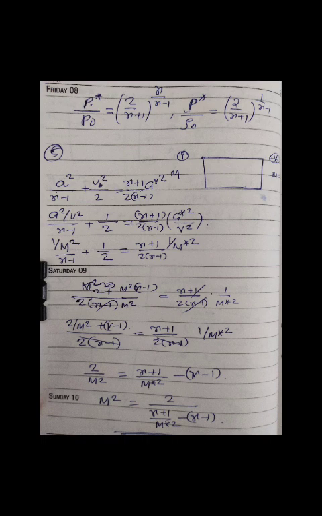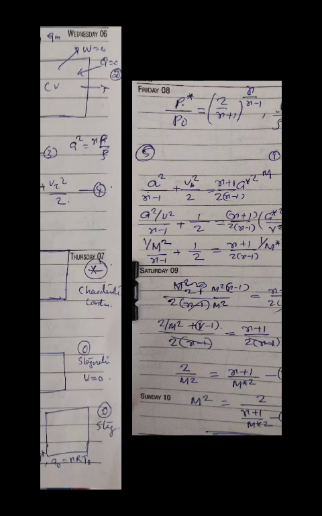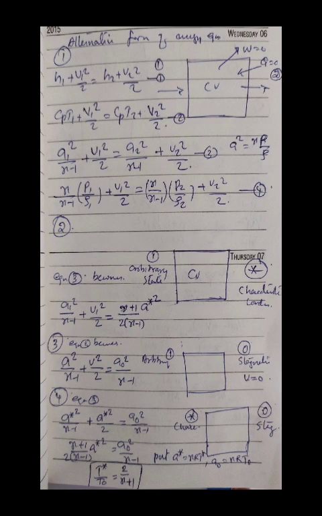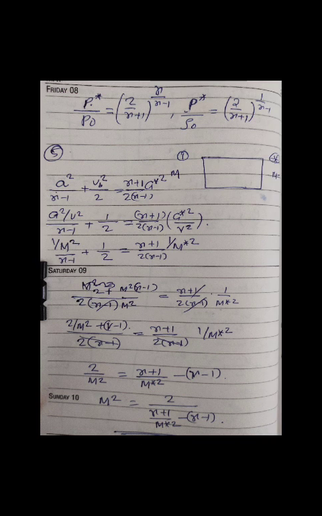Now, T star by T0 is equal to 2 by gamma plus 1, then we can write P star by P0 is equal to T star by T0 raised to gamma by gamma minus 1, which is 2 by gamma plus 1 all raised to gamma by gamma minus 1. Rho star by rho0 is equal to 2 by gamma plus 1 raised to 1 by gamma minus 1.